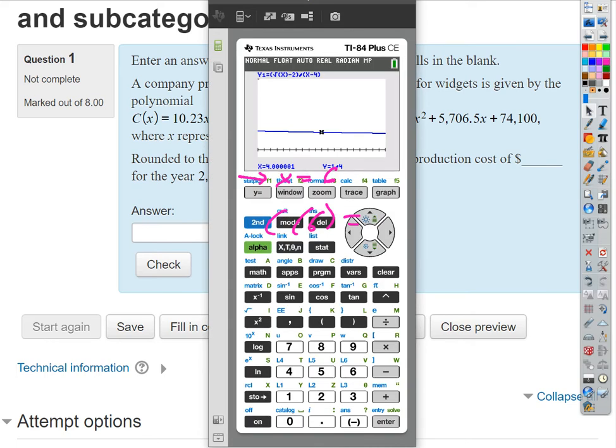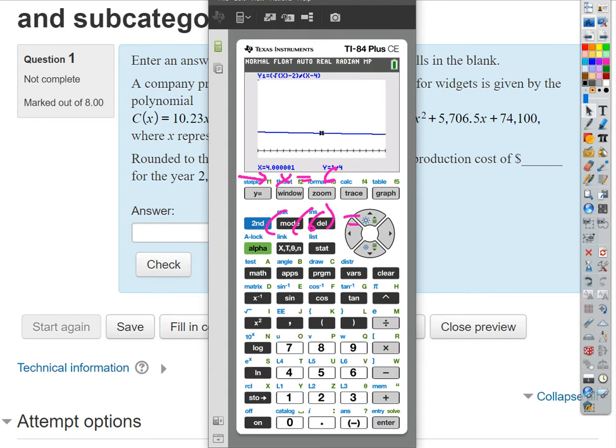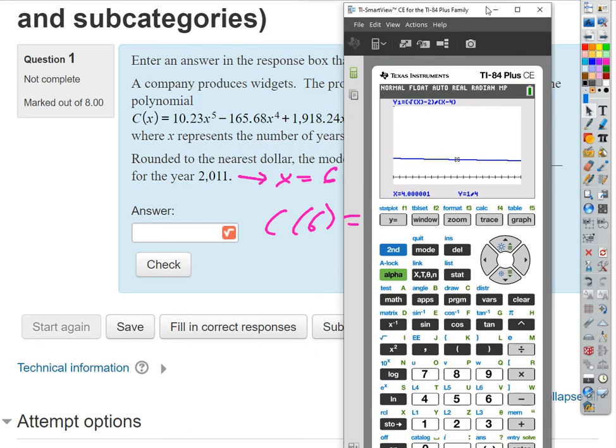On your TI-84, there's a way to make this pretty simple. I'm going to show you lots of tricks this year on the TI-84.